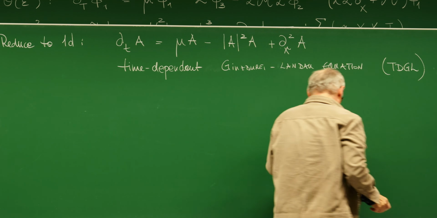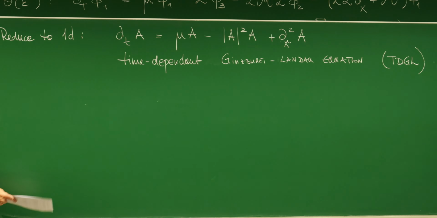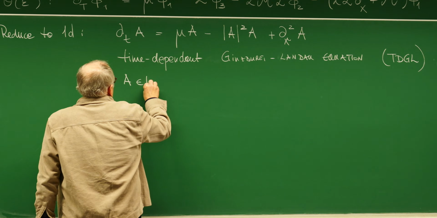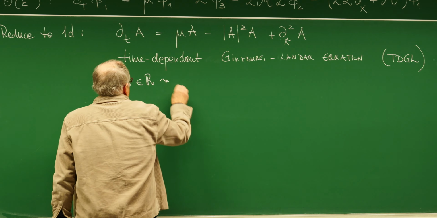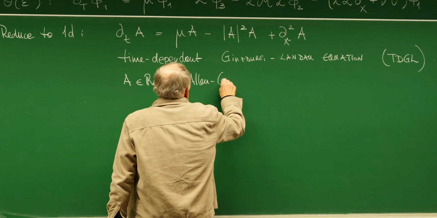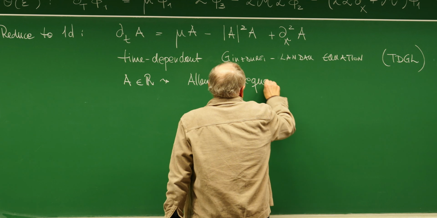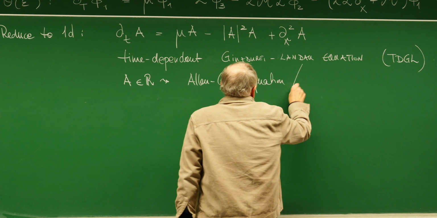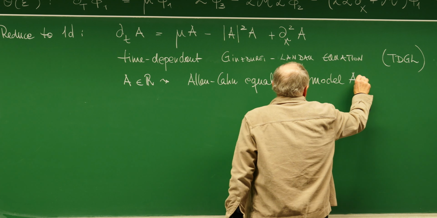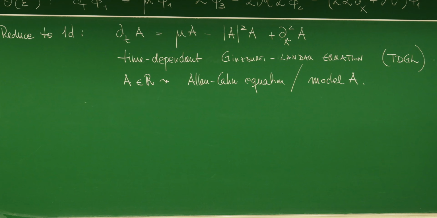And that's what people sometimes use as an abbreviation. And for a real variable, this is just the same as the Allen-Cahn equation, or equivalently model A that we had for the Ising ferromagnet.